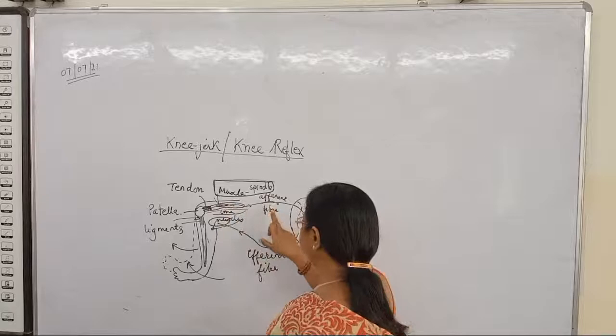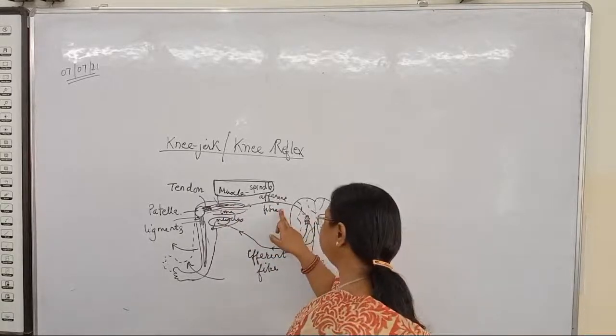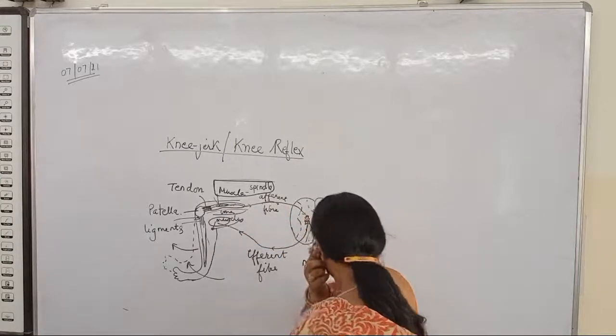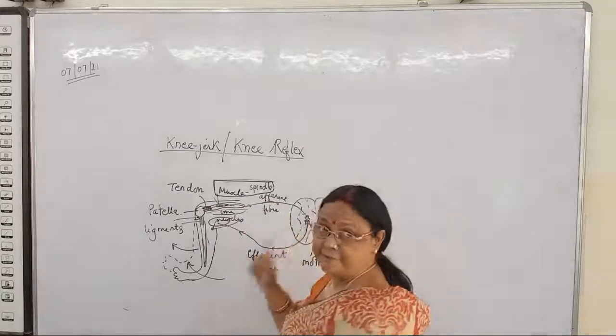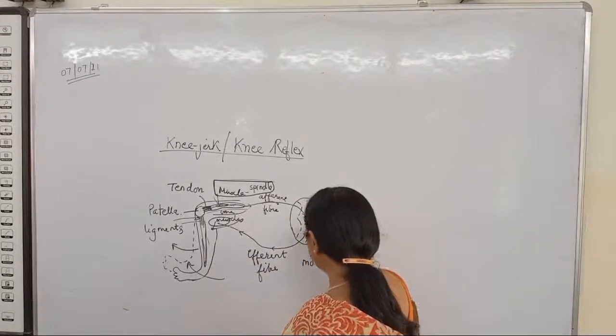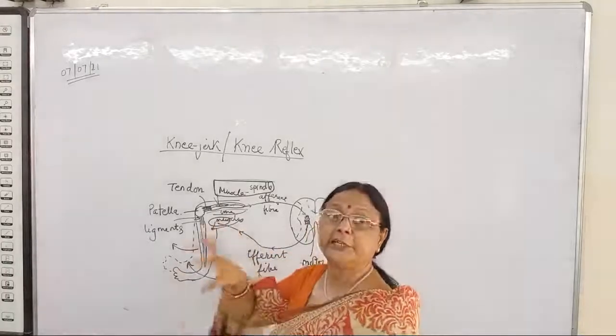Second is your afferent fiber, then the cell body of the afferent neuron. Now this whole neuron along with the cell body will be called the afferent neuron. So this is your element. Then next is the motor cell body, and then the efferent fiber and the effector organ.